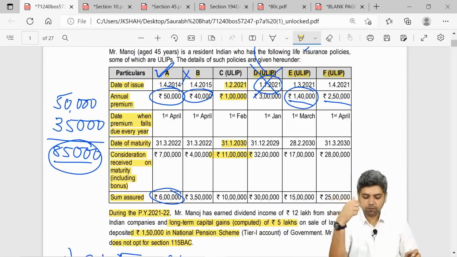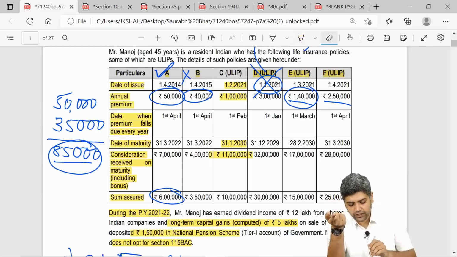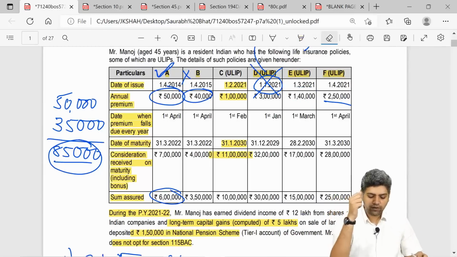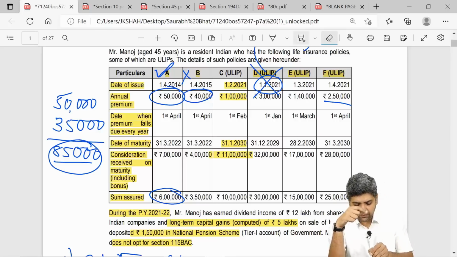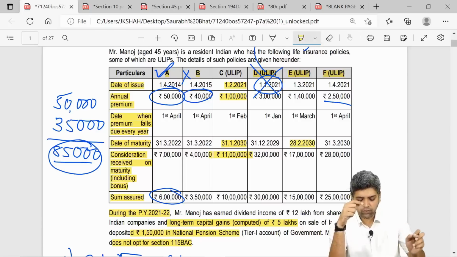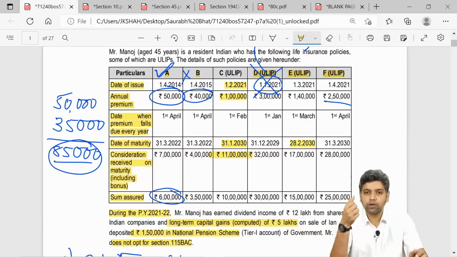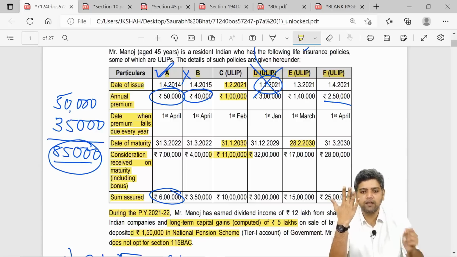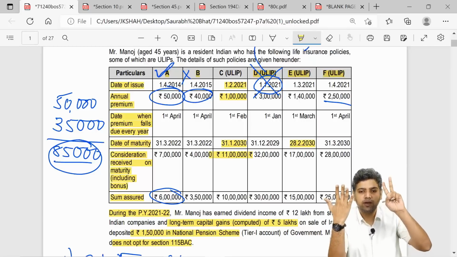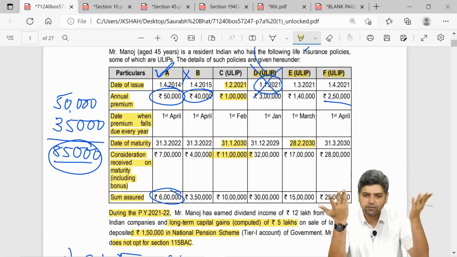As far as policy E is concerned, now concentrate on policy E. The date of issue is 1st of March and the maturity date is given as 28th of February 2030. So in short, I will invest on 1st March 2021, 22, 23, 24, 25, 26, 27, 28, 29. Again 9 years.